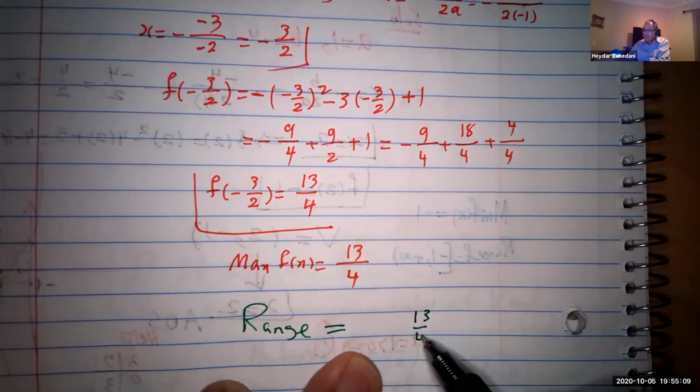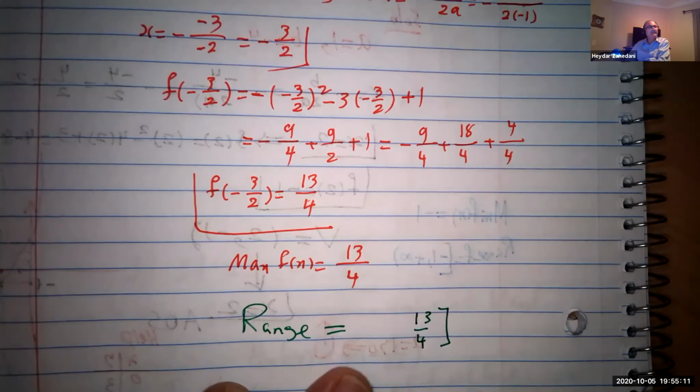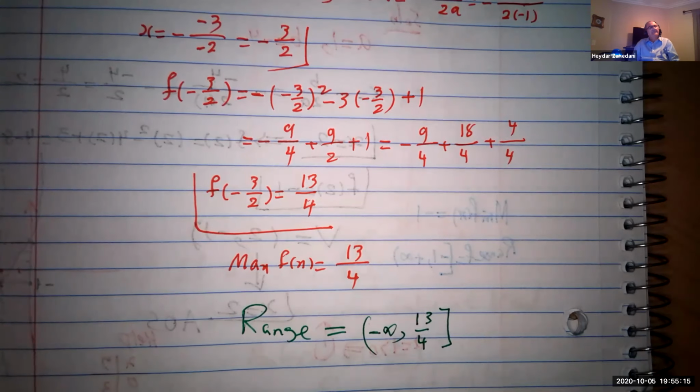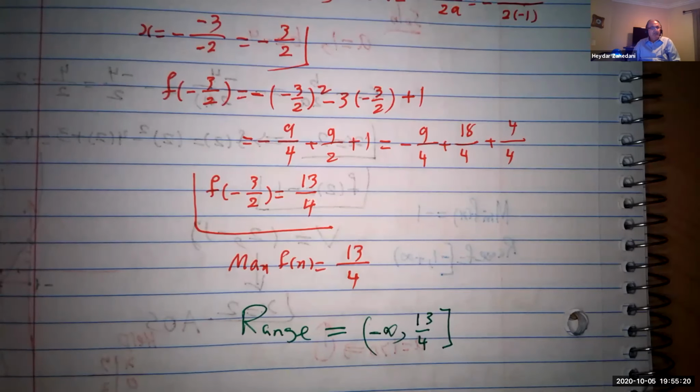This is the maximum, so you start from negative infinity. When you have the maximum, the values are to the left. If you have the minimum, it's the other way around. The maximum is the most. So the most you can go up is 13/4. So the range is going to be negative infinity to 13/4.